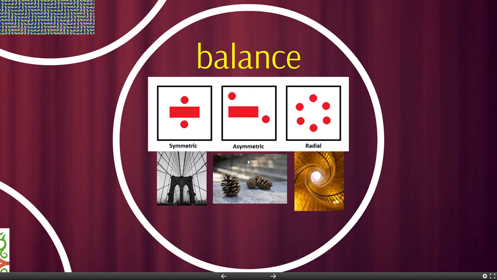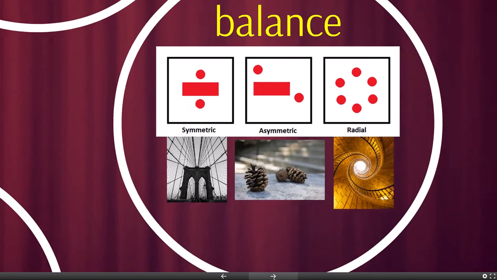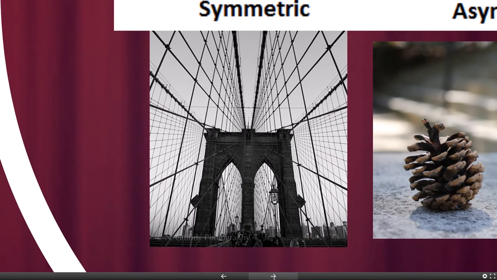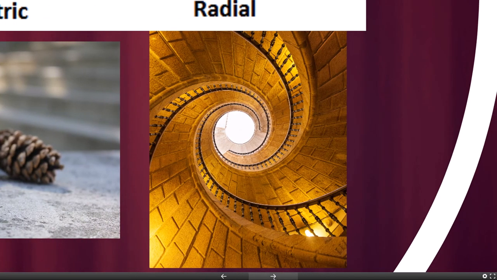If both sides are different, we call it asymmetrical. And if we can draw a line at different points, we call it radial, if it's like a circle. We can also have one where both sides are almost the same, which is called approximately symmetrical. So this work is symmetrical, this work is asymmetrical, and this work is radial.